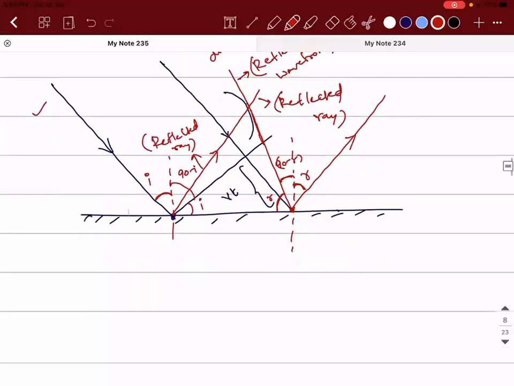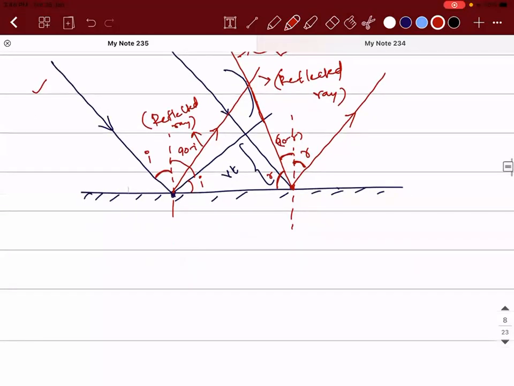So what I'm going to do is consider two triangles and prove that angle i is equal to angle r. The triangles that I'm going to consider are, listen to this.